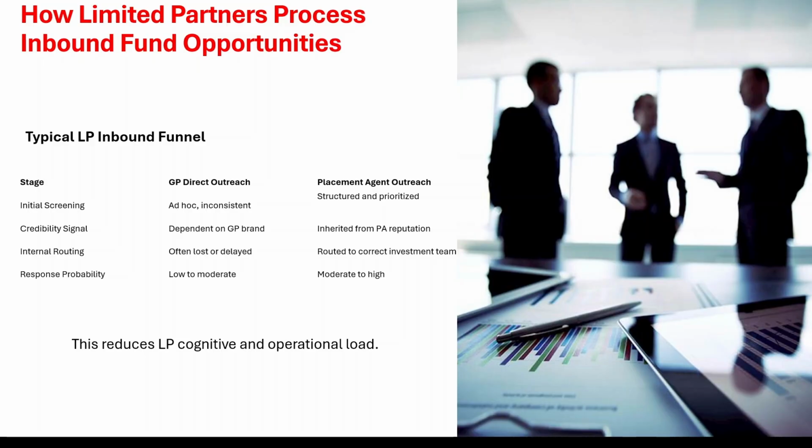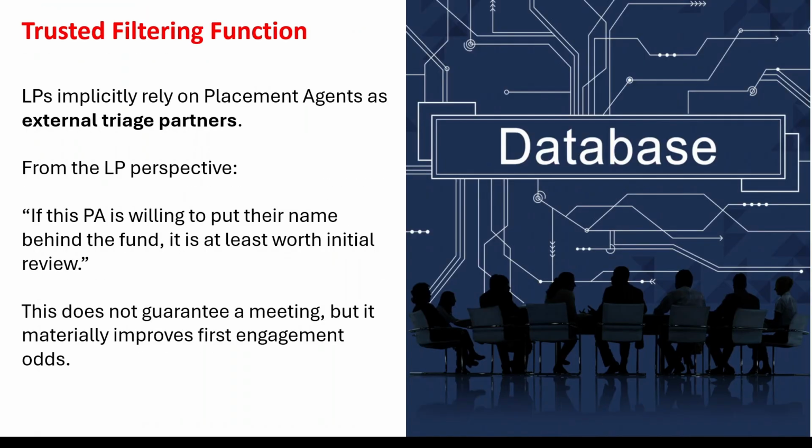And then the response probability. Most of you who have done fundraising know that when you start to do your outreach directly, it's very low to moderate. Whereas if a placement agent is doing the outreach, that shifts over to moderate to high. So one, this reduces limited partner cognitive and operational load. The trusted filtering function: limited partners implicitly rely on placement agencies as external triage partners.